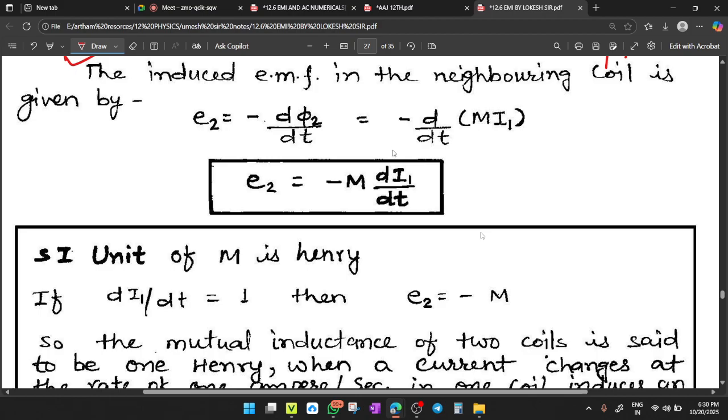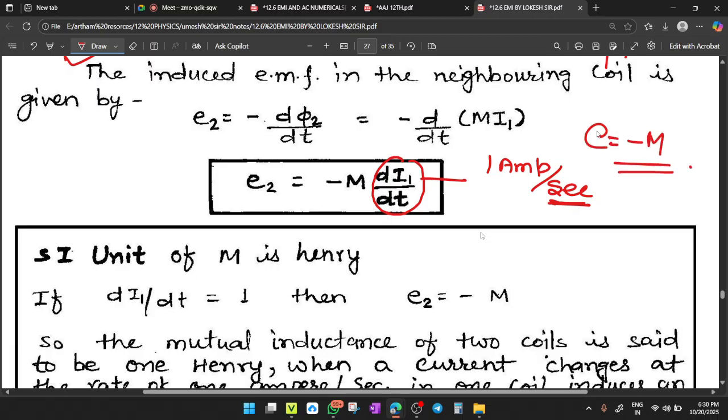If you consider dI1 upon dt equal to 1 ampere per second, that means the rate of change of current in the primary coil is 1 ampere per second; the current is changing by 1 ampere per second in the primary coil. Then E2 is equal to what?